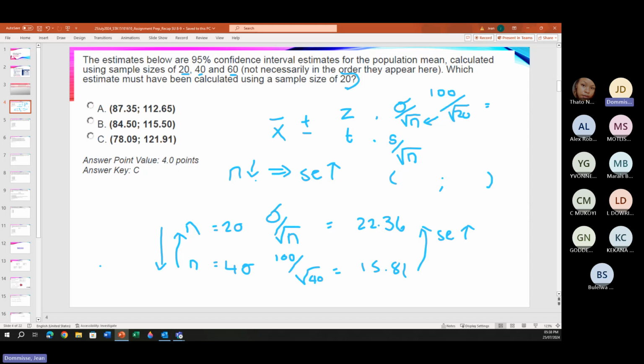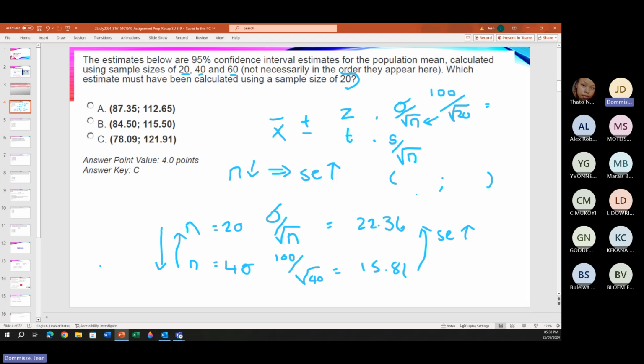As your sample becomes smaller, your standard error will become bigger, meaning that your confidence interval will become bigger.